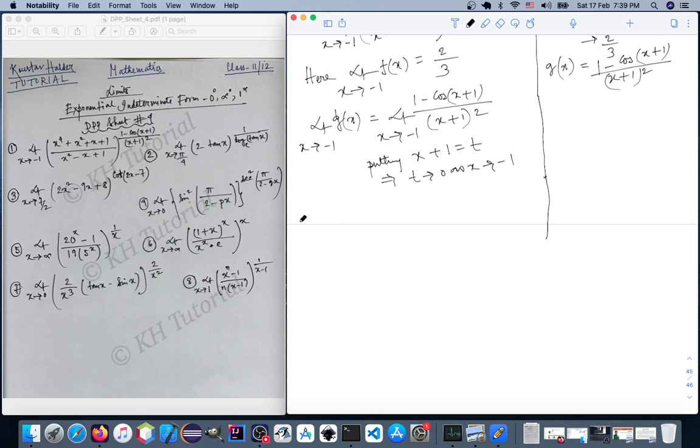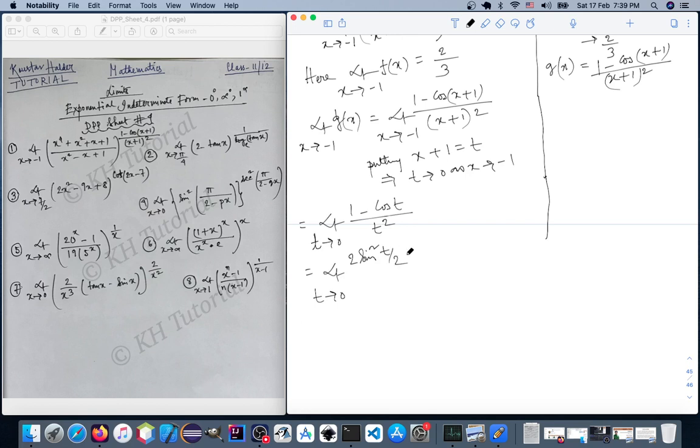So the limit becomes limit t tending to 0 of (1 minus cos t) by t squared. 1 minus cos t equals 2 sine square t by 2.